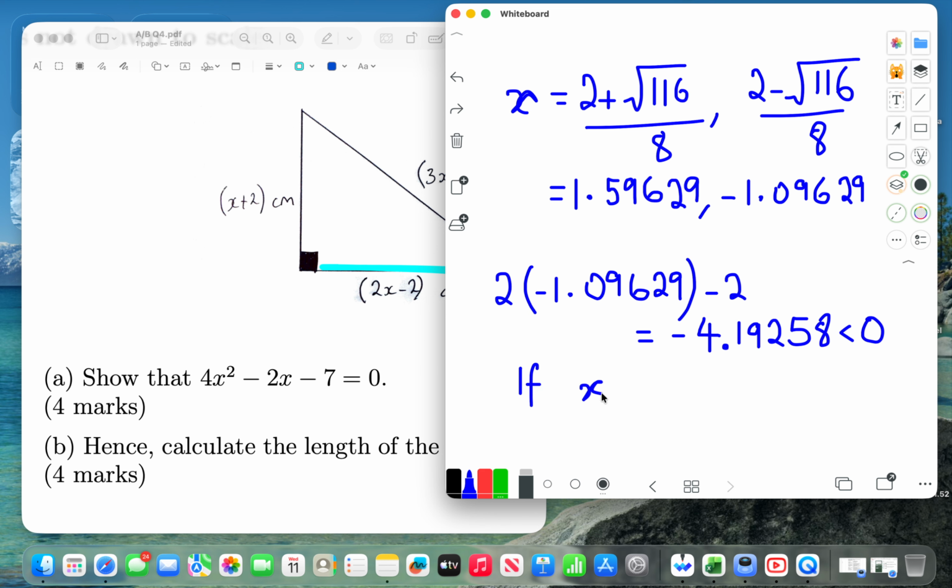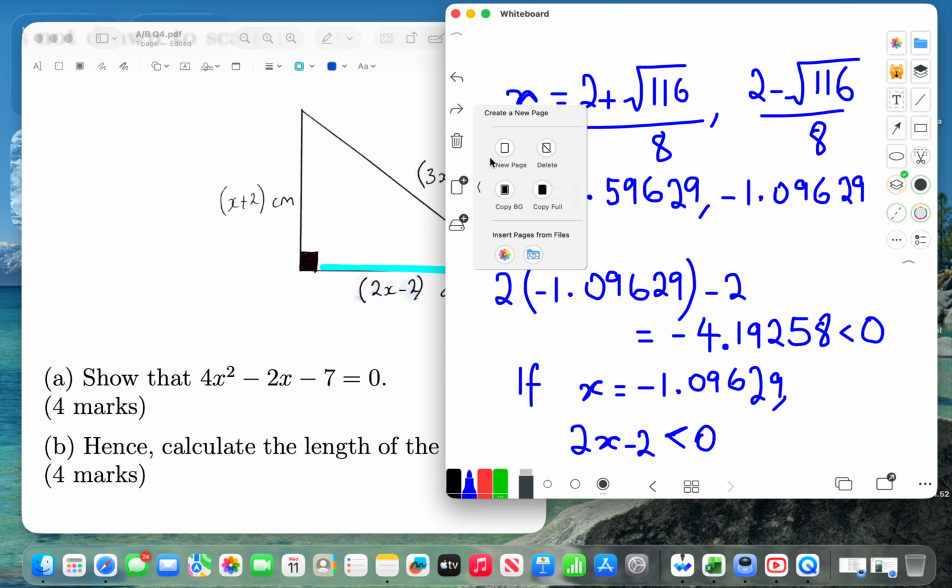If x is minus 1.09629, we get 2x minus 2 is less than 0. So we have to discard this solution because in the context of the question it doesn't actually make any sense.